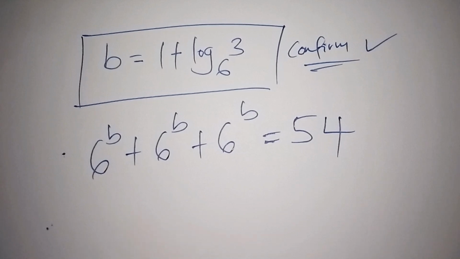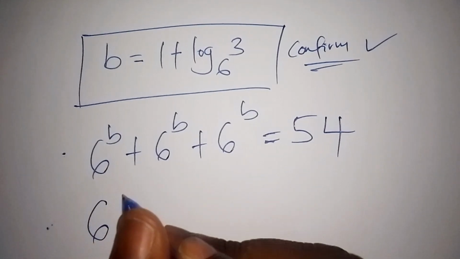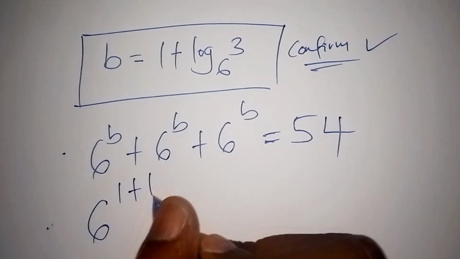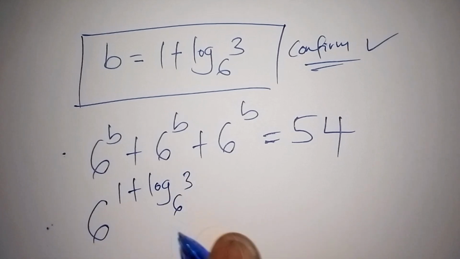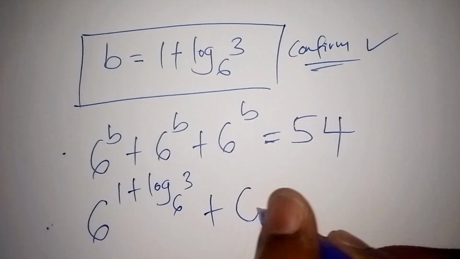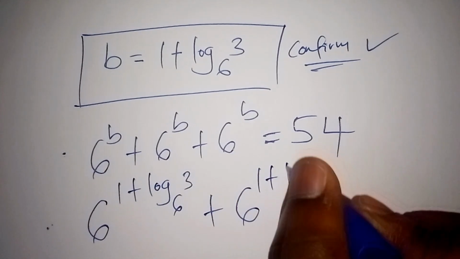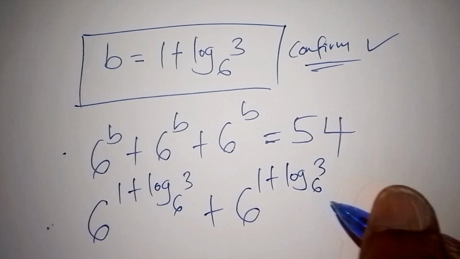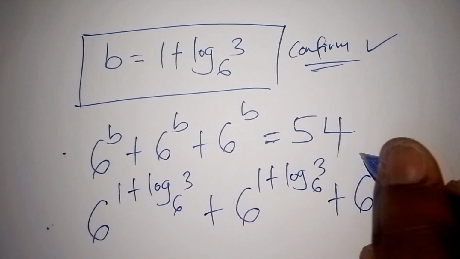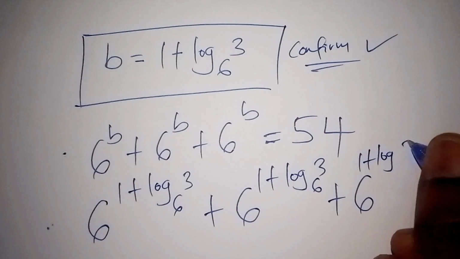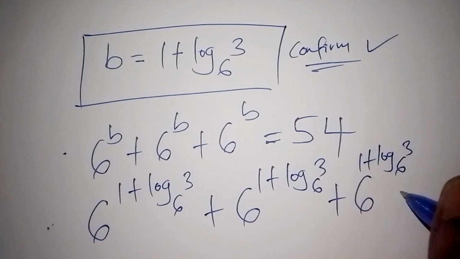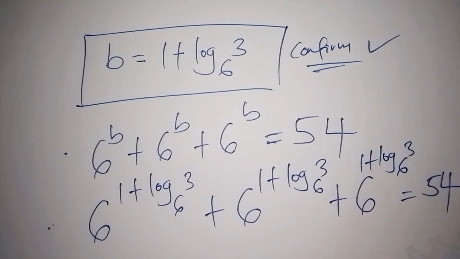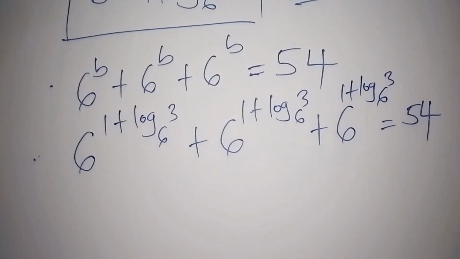So now we shall have 6 to the power of 1 plus the log of 3 to the base of 6, plus again 6 to the power of 1 plus the log of 3 to the base of 6, plus again 6 to the power of 1 plus the log of 3 to the base of 6 is equal to 54. So how do we now work it out?